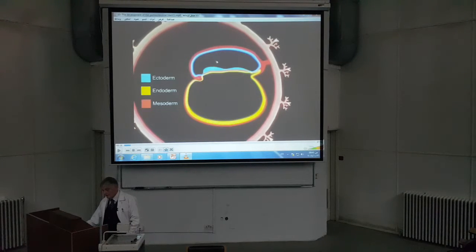This is the amniotic cavity, and this is the yolk sac. When we say trilaminar, we say there is an ectoderm, endoderm, and mesoderm.